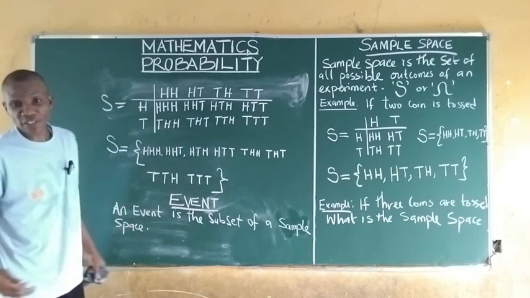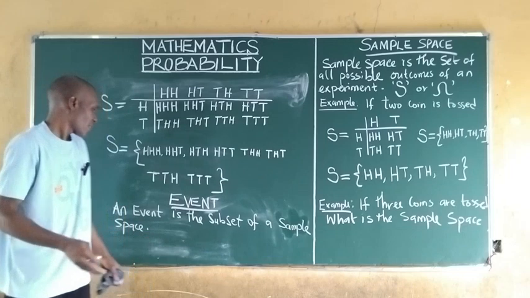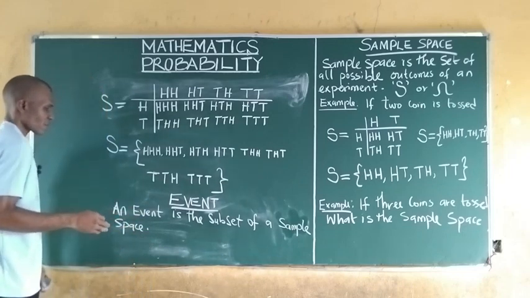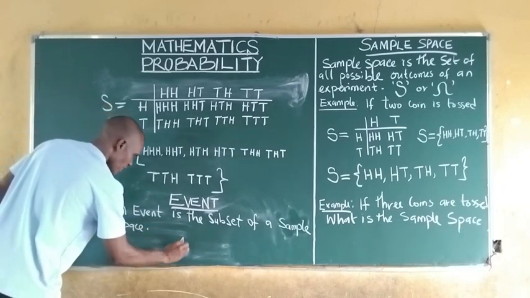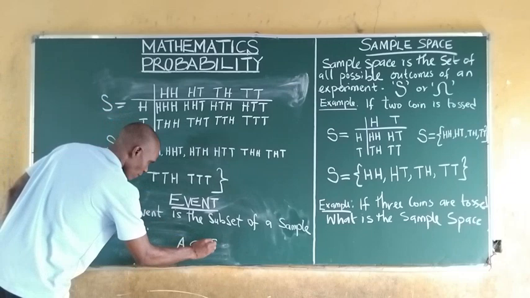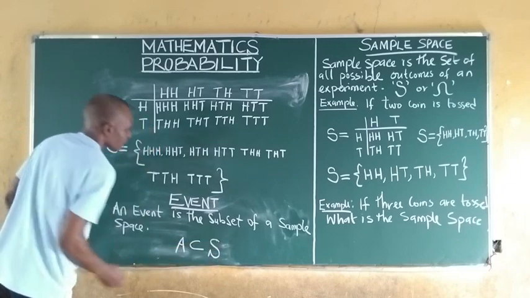So if we take A as an event, we can write A as a subset of the sample space.